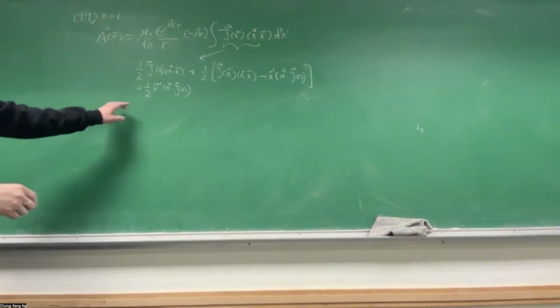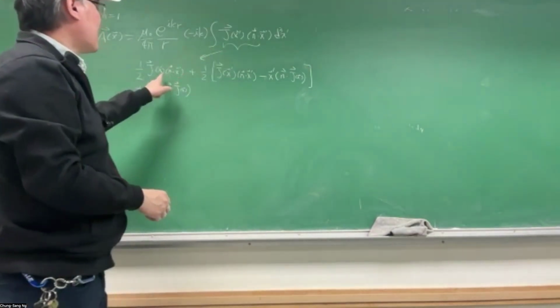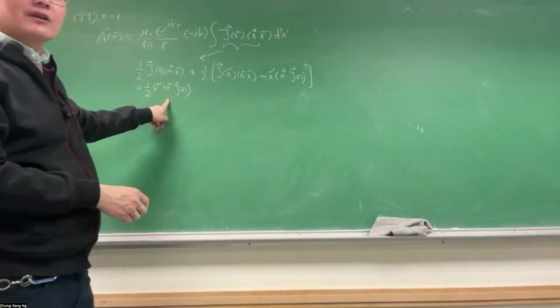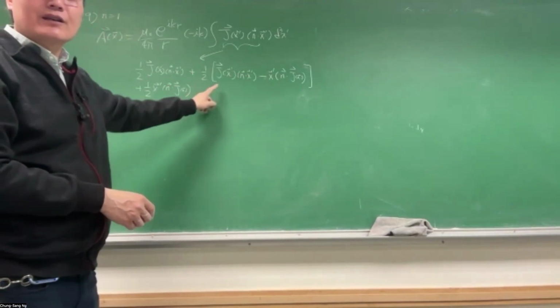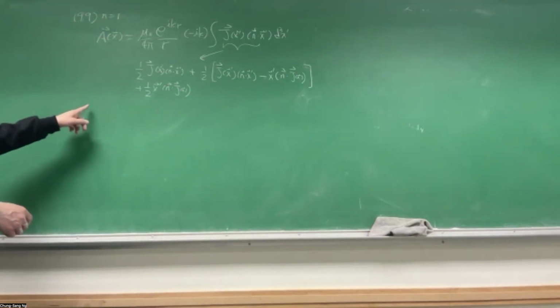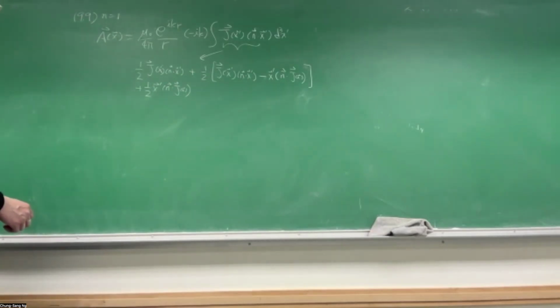Okay, so you know what I'm doing. We separate it into two halves, and then minus this plus the same thing. I hope everyone can follow. This is kind of important, how you separate the two.